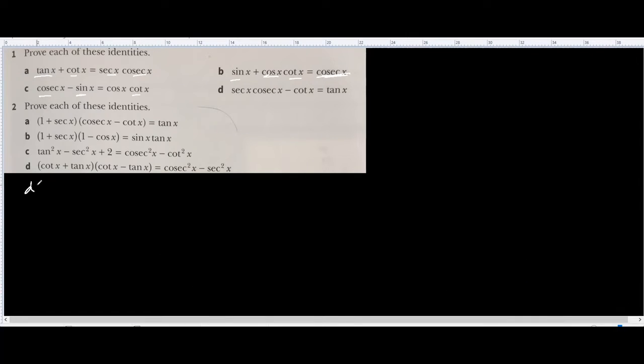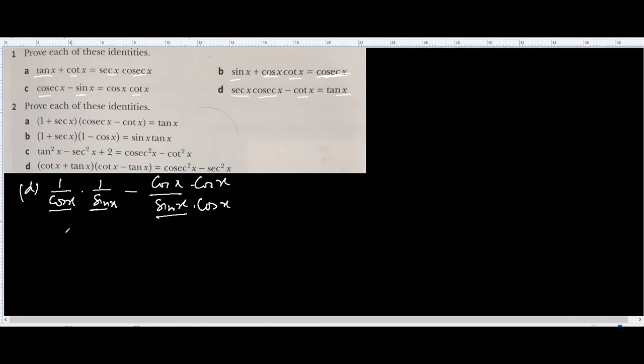Move on to D part. We have secant x, cosecant and cot on the left side and tan on the right side. Again, we'll take help of sine and cos. So secant is 1 over cos x, cosecant is 1 over sin x, and cot is cos x over sin x. This is LHS I'm focusing on, okay? So cos x sin x is the denominator here, just sin x, so that means we have to multiply by cos x here and cos x here.